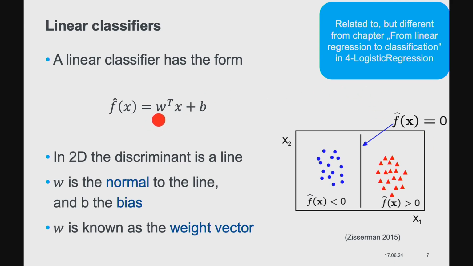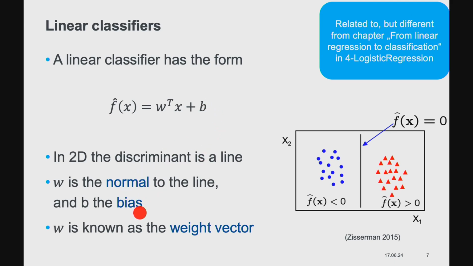And the W is actually exactly the normal vector to this line. So normal vector, just so you remember, when we have such a line, the normal vector is perpendicular to this discrimination line.